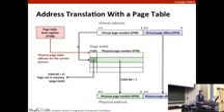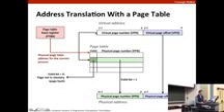Now, the beginning of the page table is pointed to by this page table base register. On Intel systems, it's called CR3, control register 3. But this register contains the physical address of the page table in memory, the beginning of that.